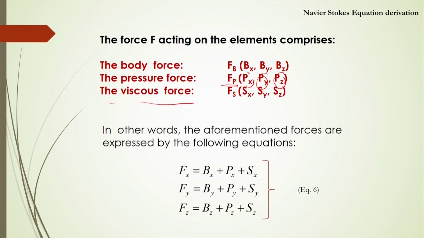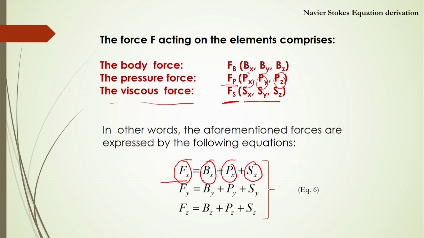And the viscous force, Fs, again will have 3 components in the x, y and z directions: Sx, Sy and Sz. And very interesting, particularly in the x direction, what should be the total force acting on the fluid element? In the x direction, Fx will be equal to the summation of the body force in the x direction, the pressure force in the x direction and the viscous force in the x direction.